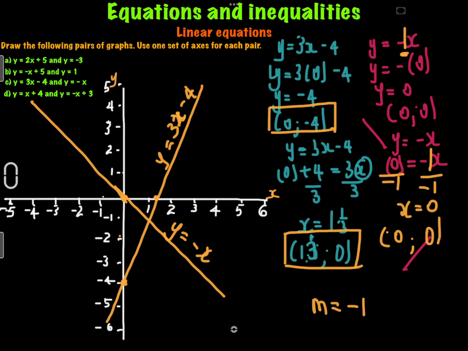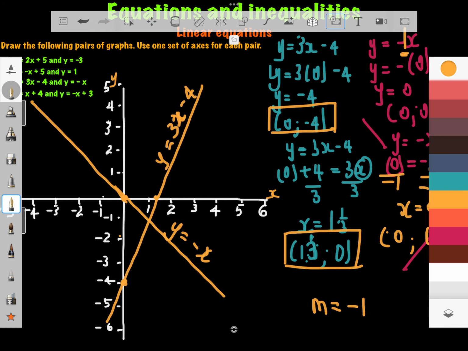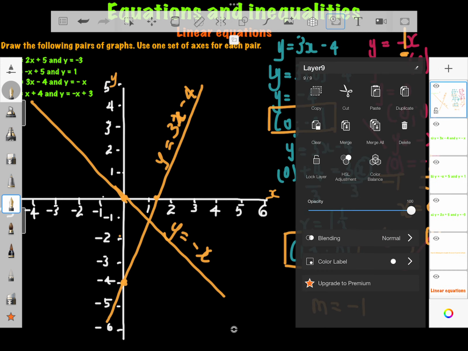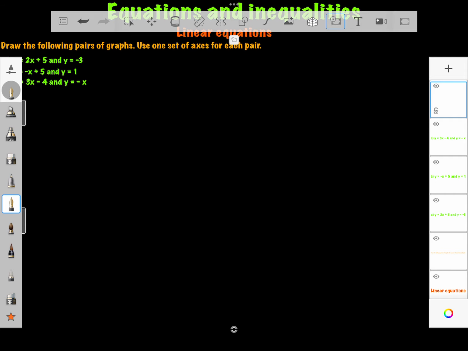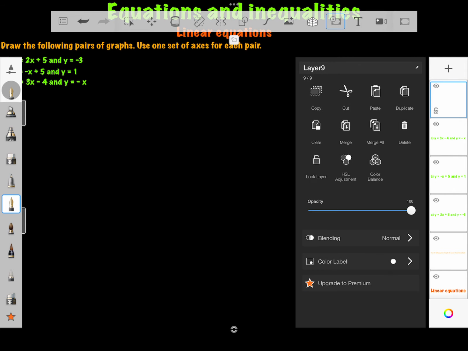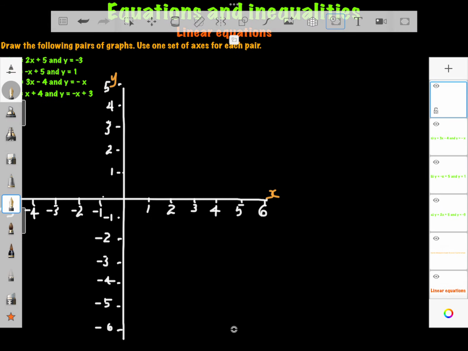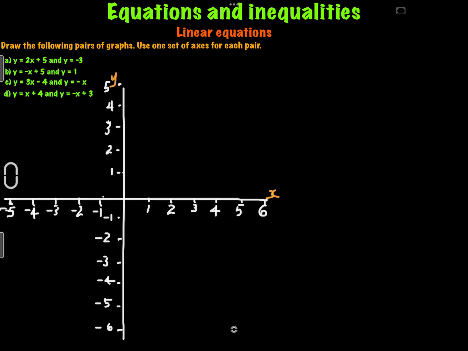Okay. So we have addressed the third question. So let's look at the final question for the day before we call it a wrap. So in this case, we have y is equals to x plus 4 and y is equals to negative x plus 3.